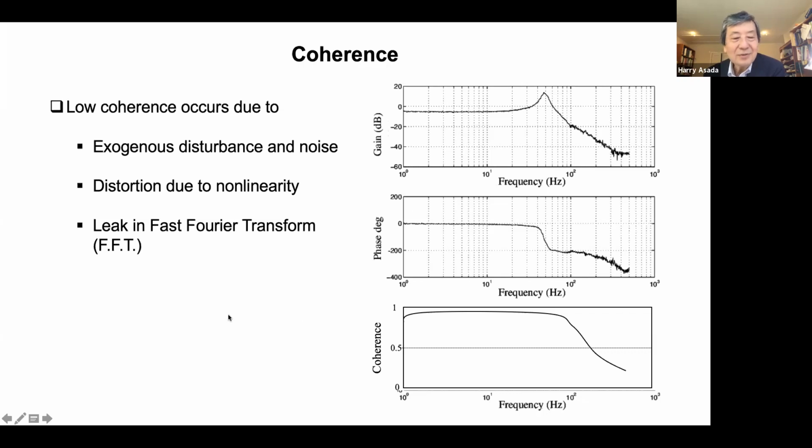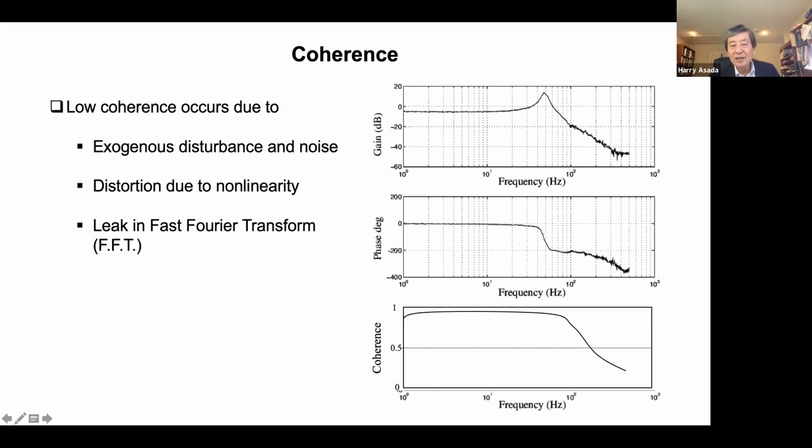The other reason is the fast Fourier transform. There's one more very effective computational algorithm called the fast Fourier transform, applied to the discrete-time Fourier transform. This particular method is effective, but the problem is leakage issues. If that problem comes out, then this coherence goes down.